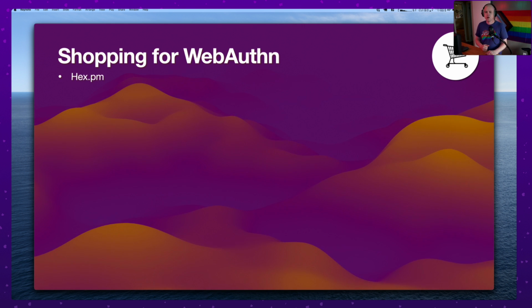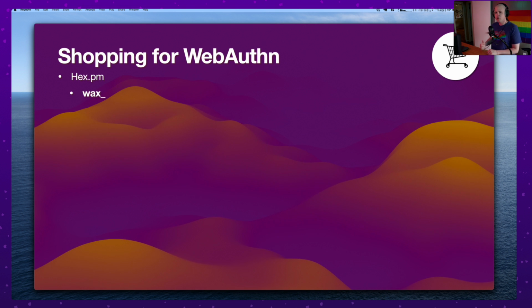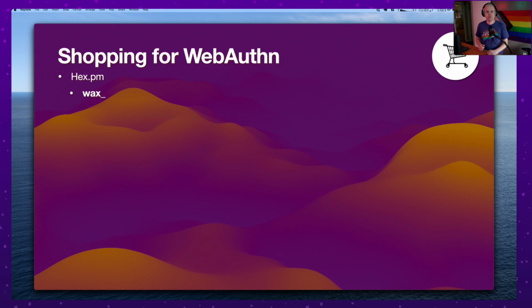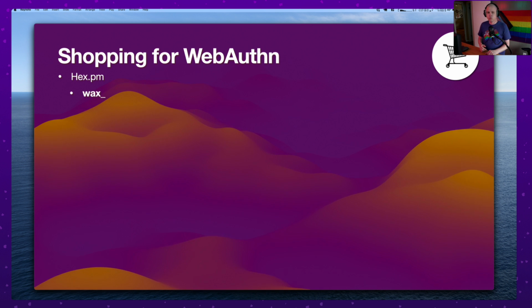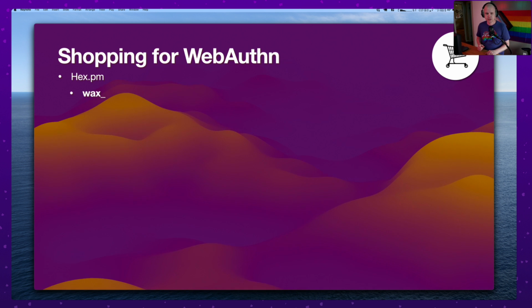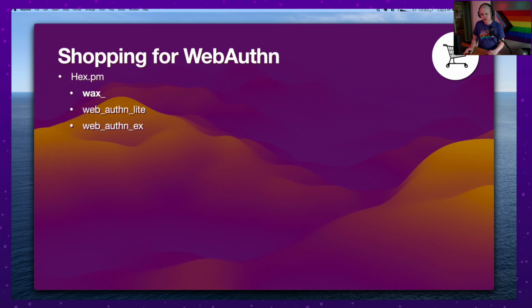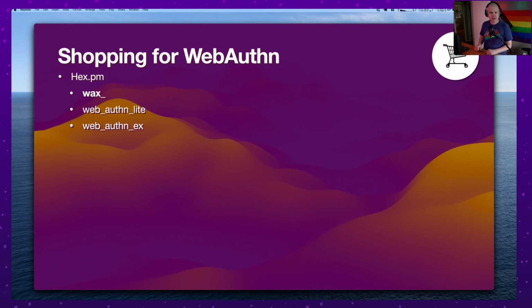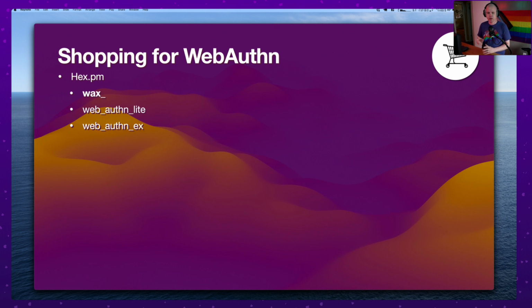So you're going to start at Hex PM, and if you search anytime in the near future, you're going to find WAX is the predominant WebAuthn package. There are a couple of others which seem to be in active development. They're not fully documented and have pretty low download counts, but I would expect to see more development on those in the future.